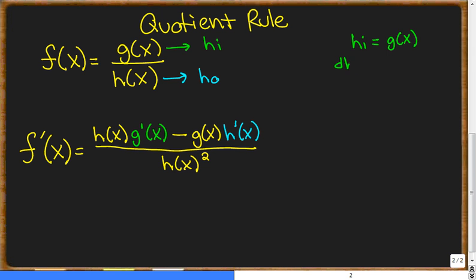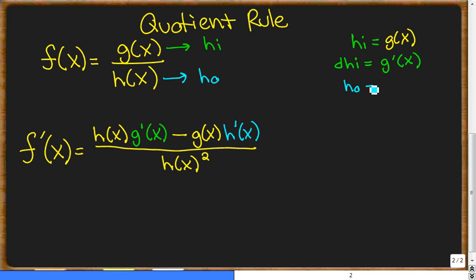We then need to think about what our d high function is. So this is the derivative of the high function, which is just going to be the derivative of g of x. We then have our ho function.